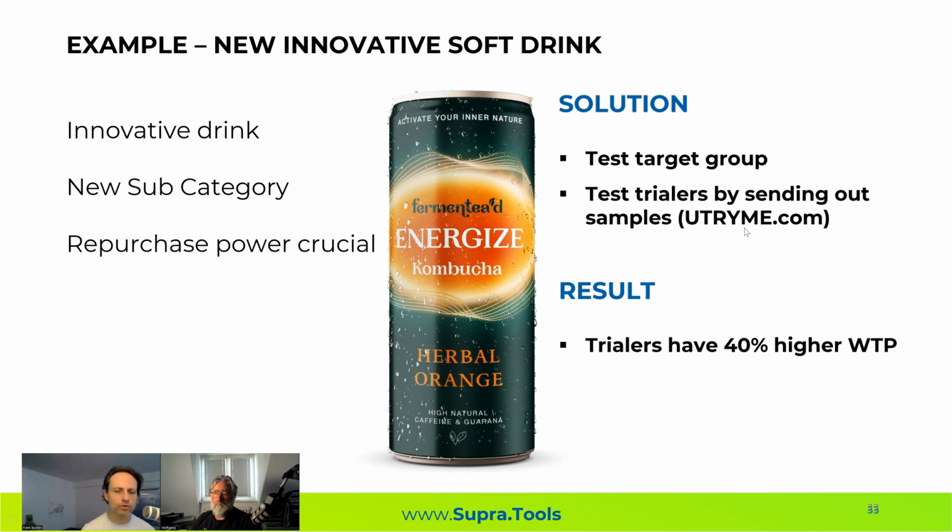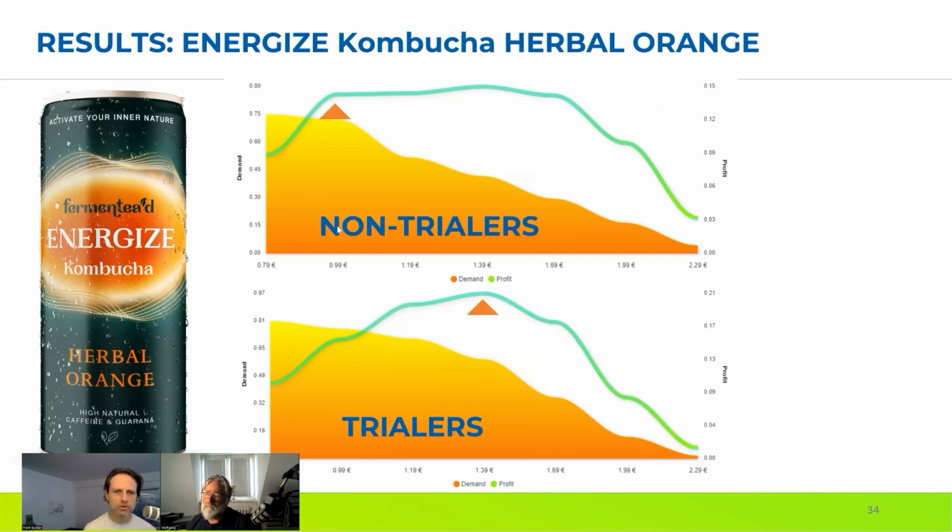And these platforms will conduct a Supra.Tools analysis for you. And we found something very interesting, that this product is so good that it raises the willingness to pay by 30%.